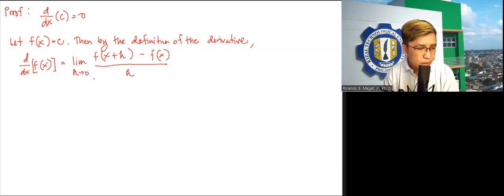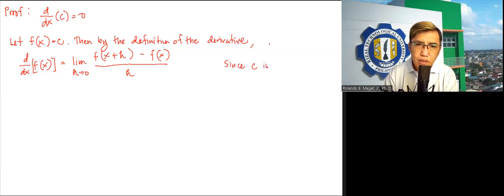Now, we know that C is a constant. Since C is a constant, we can just rewrite or rename C as a sum of two constant numbers as well.